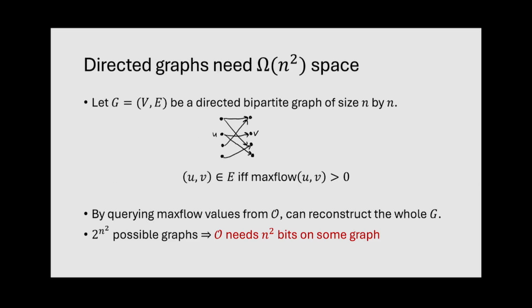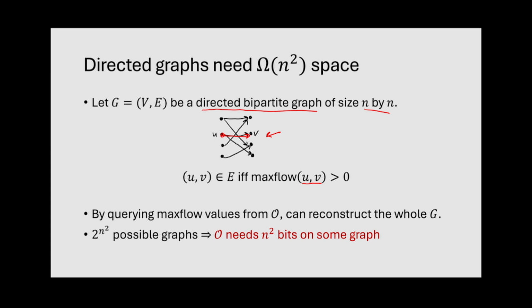If the graph is directed, then you cannot do much. Consider, for example, a directed bipartite graph of size n by n, like this graph. The max flow value between u and v is going to be exactly 1 if and only if there is an edge from u to v.